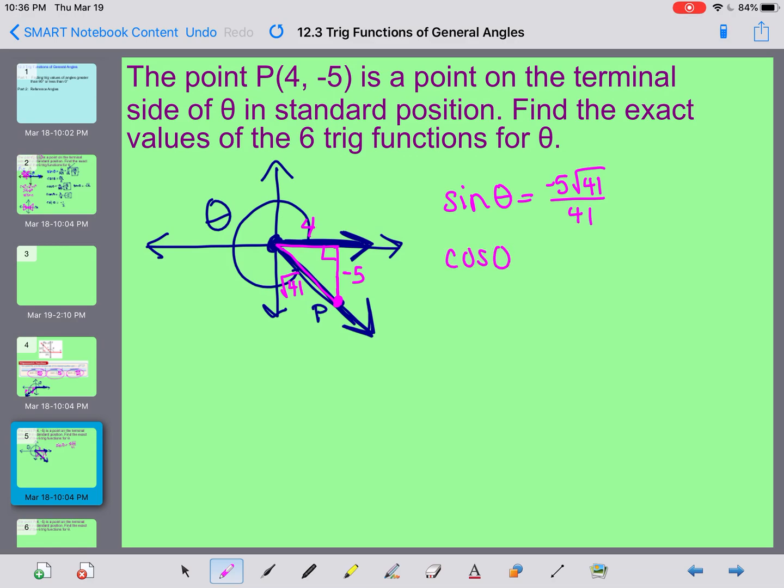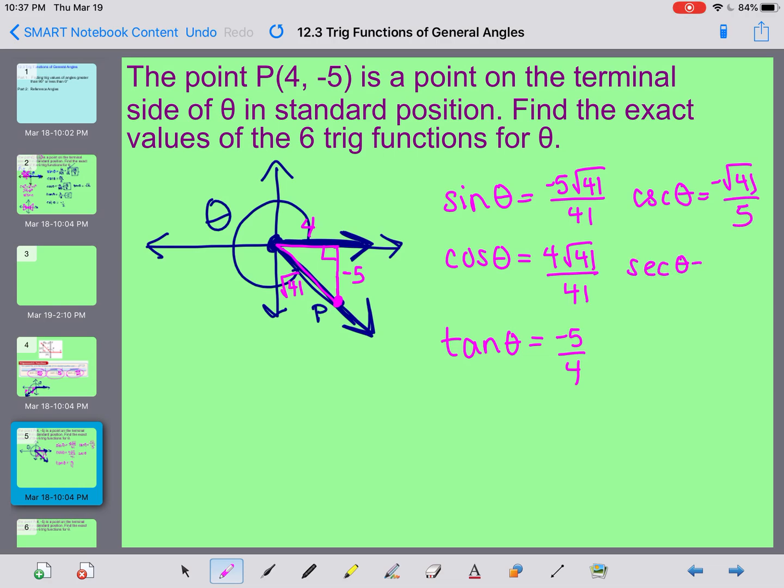Cosine of theta is 4 root 41 over 41. Tangent of theta is -5/4. Cosecant of theta, negative root 41 over 5. Secant of theta, root 41 over 4. Cotangent of theta is -4/5. So those would be all your values.